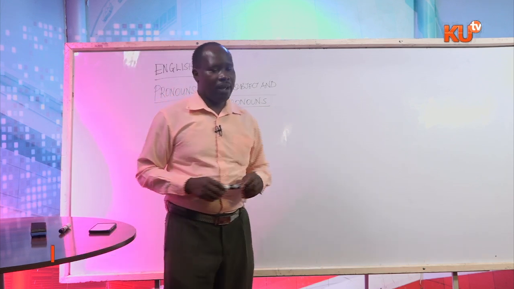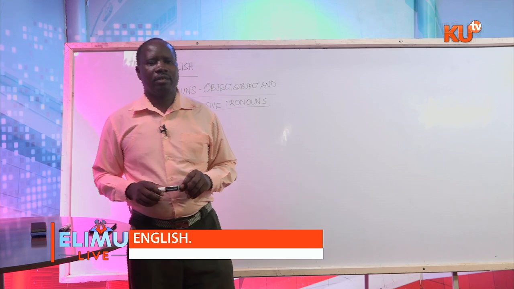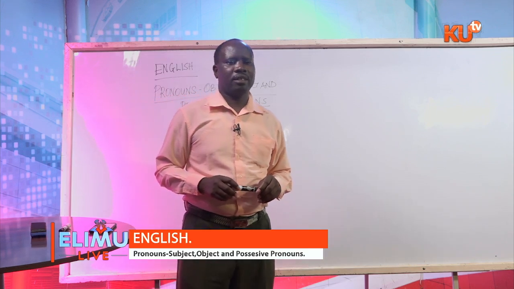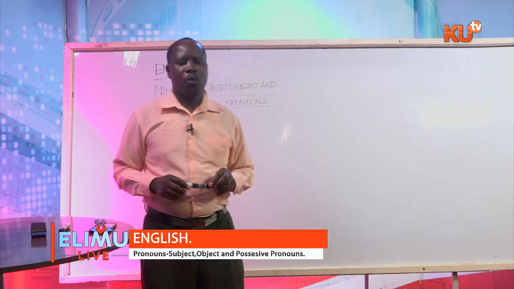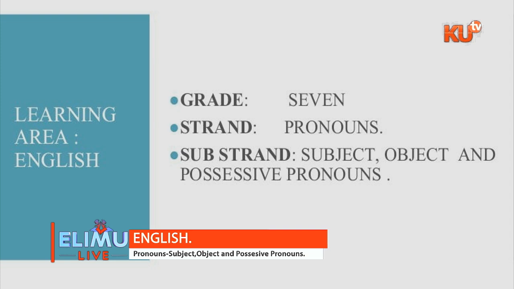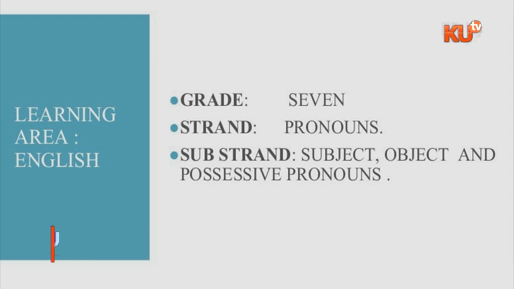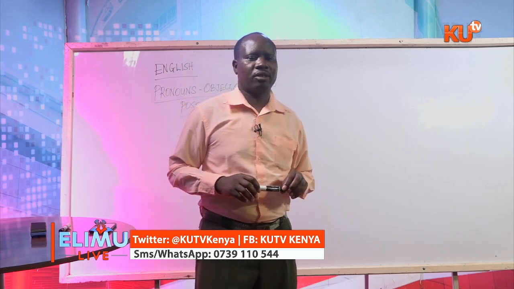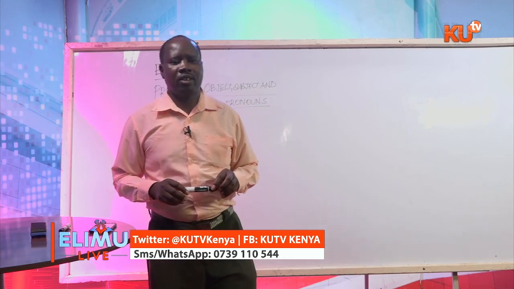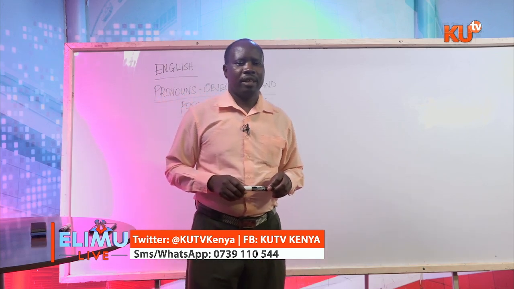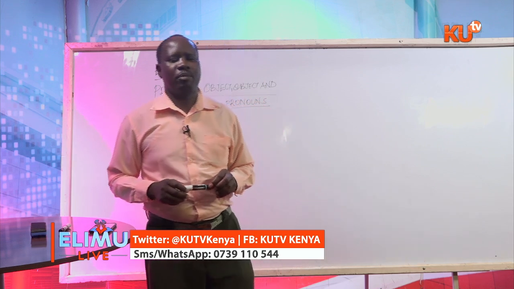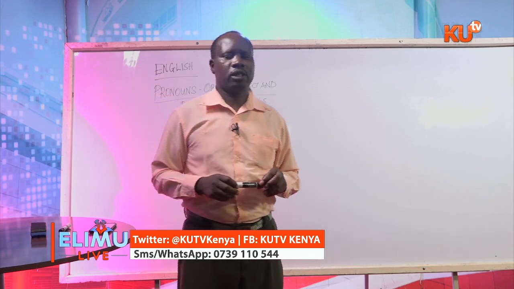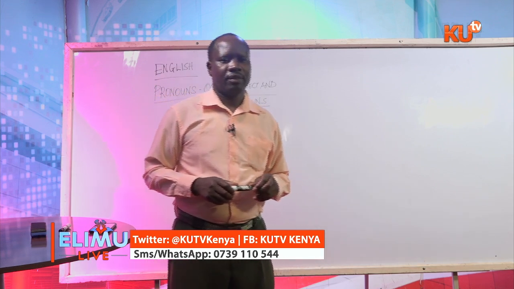Now in this lesson, on our strand pronouns, what is today's specific learning outcome? The specific learning outcome for this lesson is that by the end of this lesson, each of my learners should be able to define what a pronoun is.